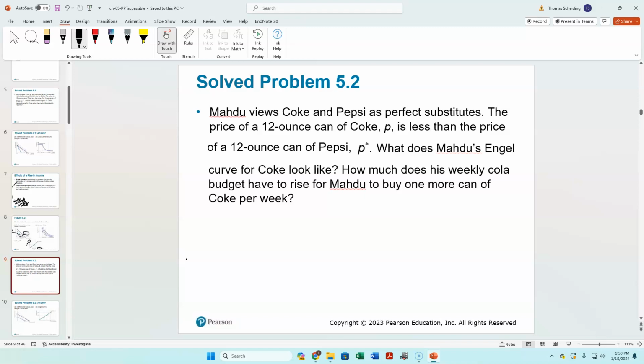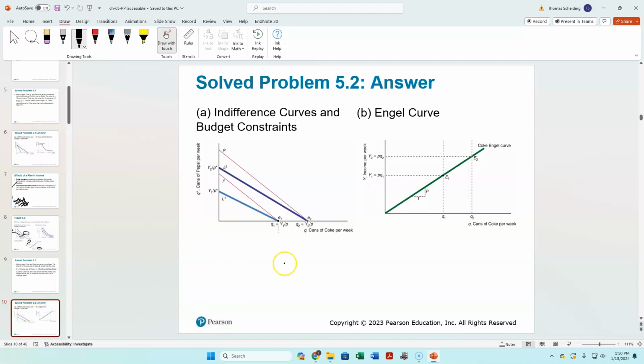That if Madhu has these two perfect substitute goods, Coke and Pepsi, and we know what his budget looks like, we should be able to graph out what his Engel curve looks like, which we can do here.